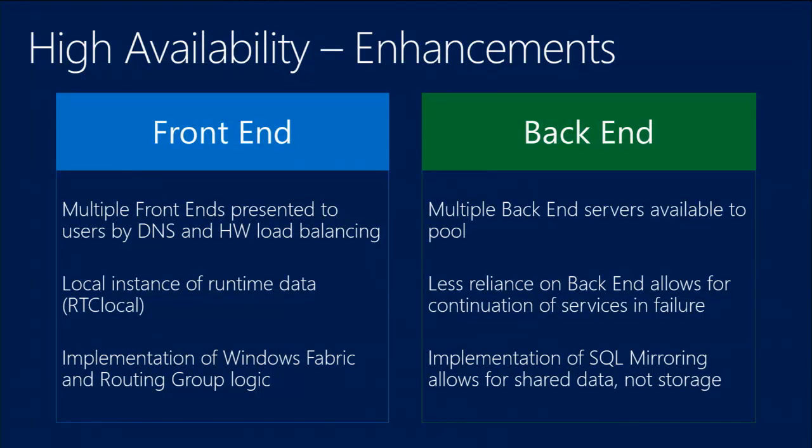If a back-end server has a failure and there's no back-end available at all to the Lync front ends, because they're running local databases, they can actually provide full user services before moving into resiliency mode. So that allows the back end to have its own recovery process, completely distinct from the front end, and your users have all their services.